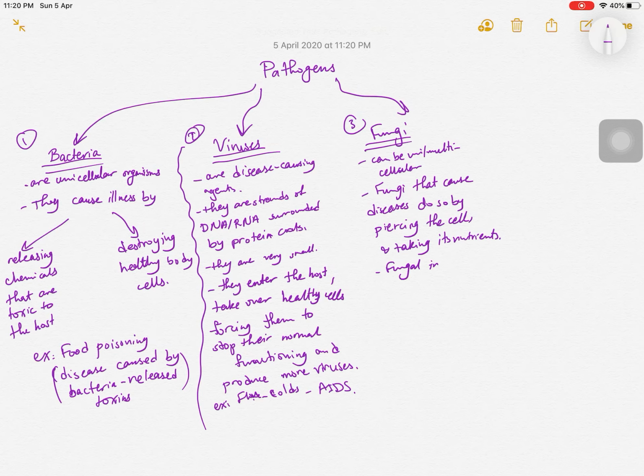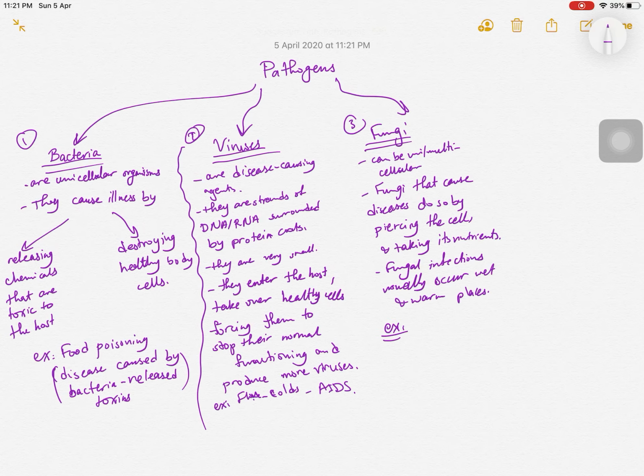Fungal infections usually occur in wet or damp and warm places.